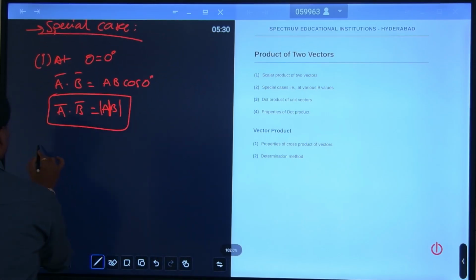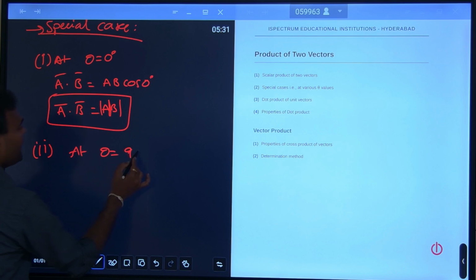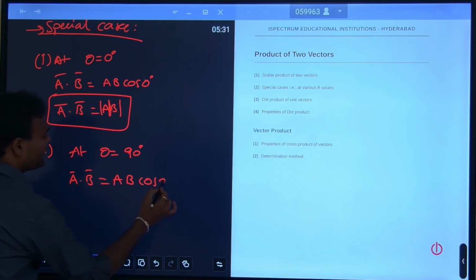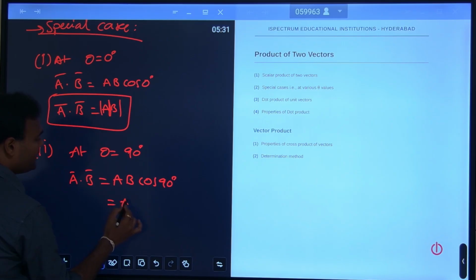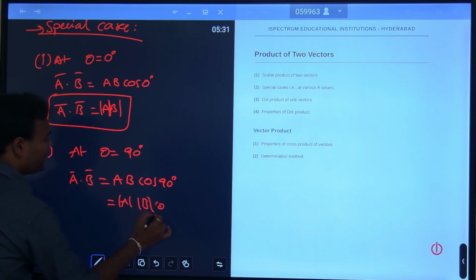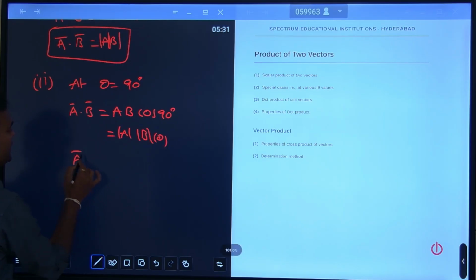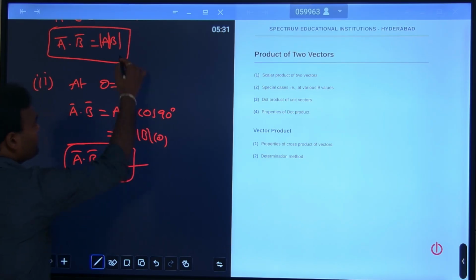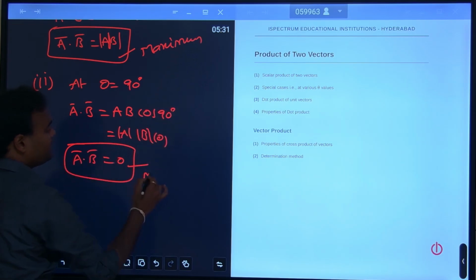Now second case, theta is equal to 90 degrees, a dot b is equal to ab cos 90, that is ab into 0, then a dot b is equal to 0, and this is minimum value.